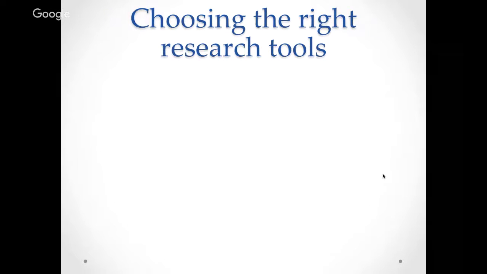So, choosing the right research tools. This is really important, and it can be very overwhelming for students. There's a few things. One thing is most universities have subject matter experts who are employed and work full-time at their library.